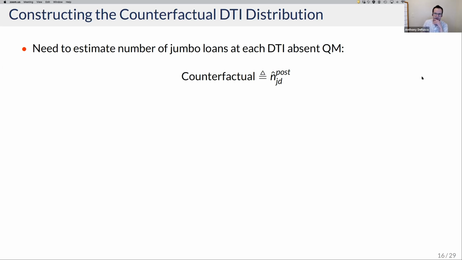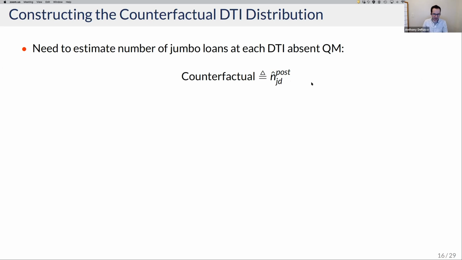Said another way, what I want to know is this quantity here, the counterfactual number of jumbo loans, meaning mortgages in this segment of the market being regulated, that would have been originated in each DTI bin after the passage of the policy, had that policy not actually been passed, so in 2014.